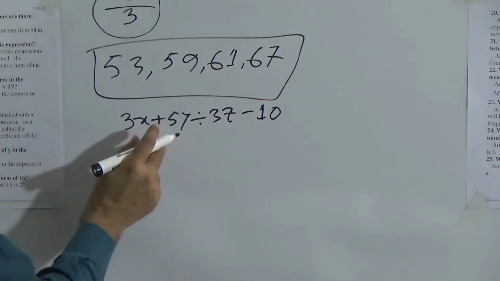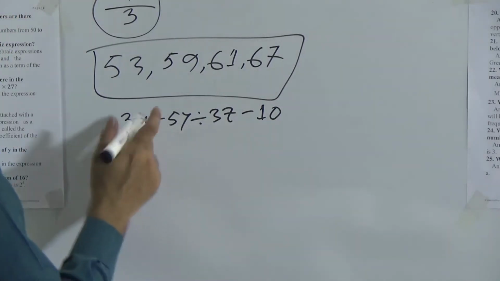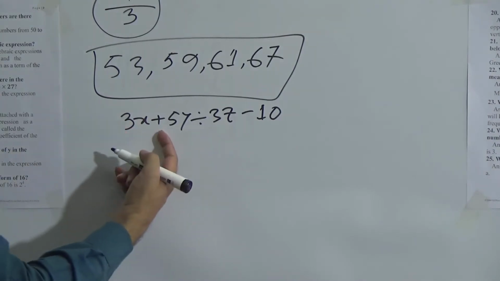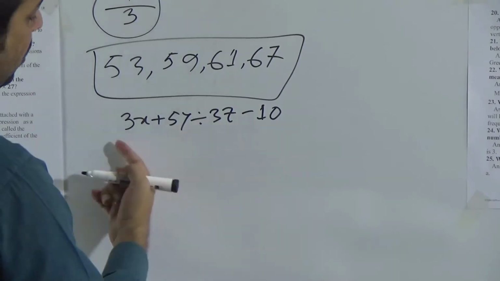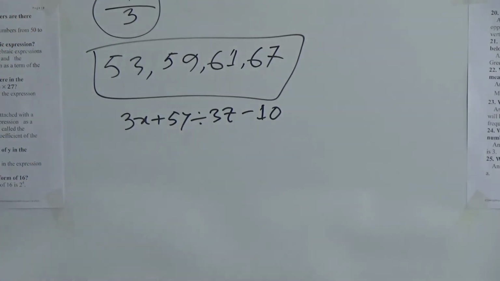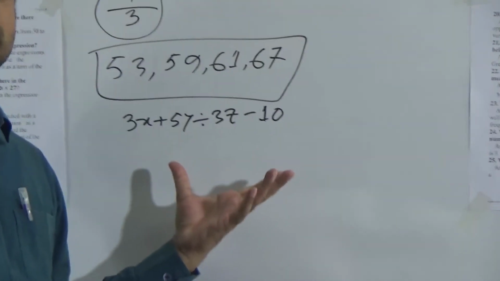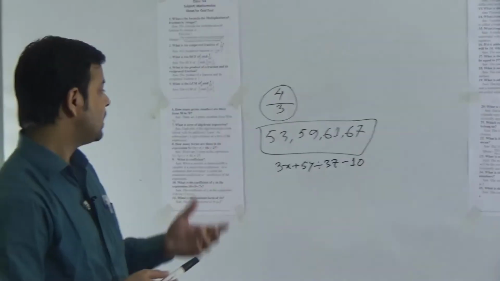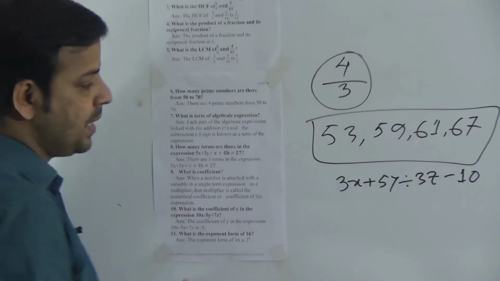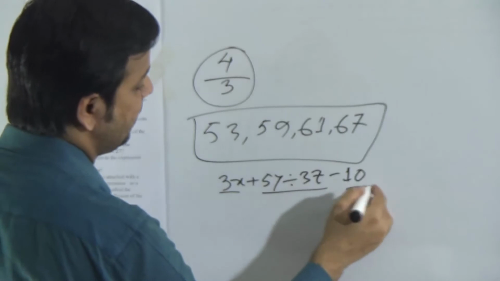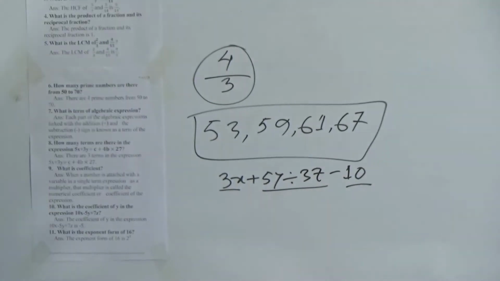How many addition and subtraction signs are here? At the beginning there is no sign, this is addition, this is addition, this is subtraction. So there are 3 addition and subtraction signs here. These addition and subtraction signs separate the terms. So this is a term, this is a term, this is a term. How many terms here? 3 terms here.